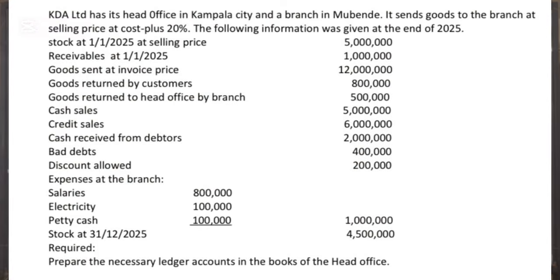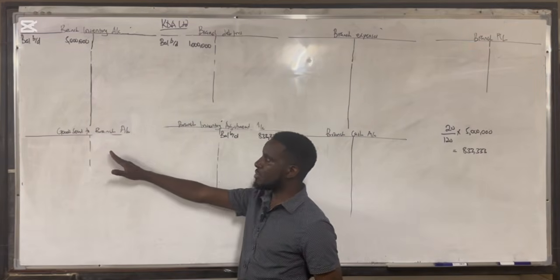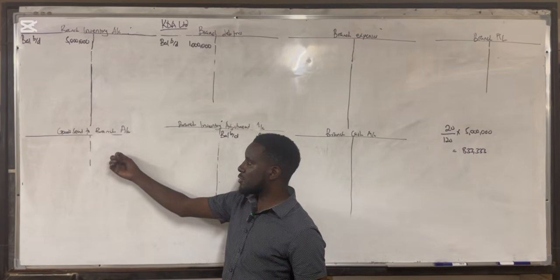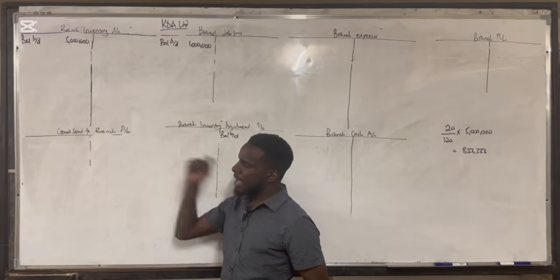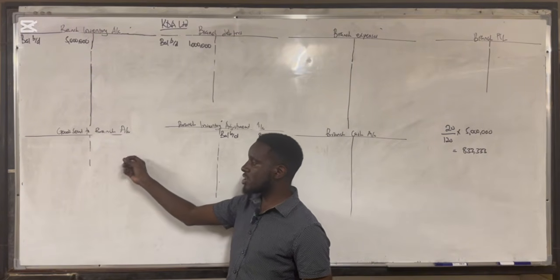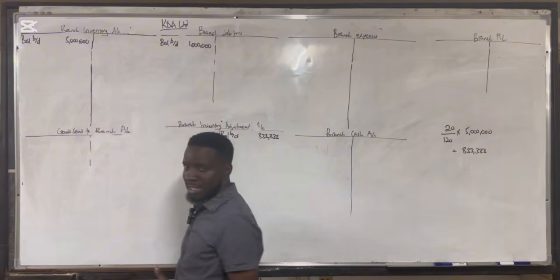Then the next transaction says that goods sent to branch at invoice price of 12 millions. Now, I said that once goods are being sent to branch, we are going to debit the branch inventory account, and then we are going to credit the goods sent to branch. But rather, the goods sent to branch account records transactions at cost, and yet the branch inventory records at selling price.